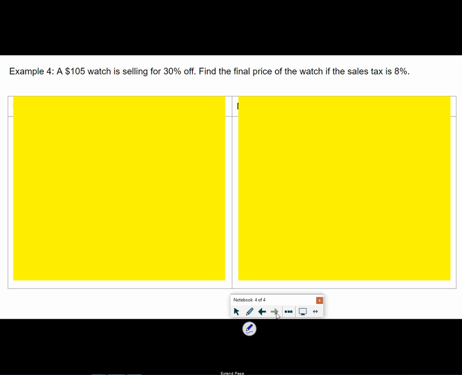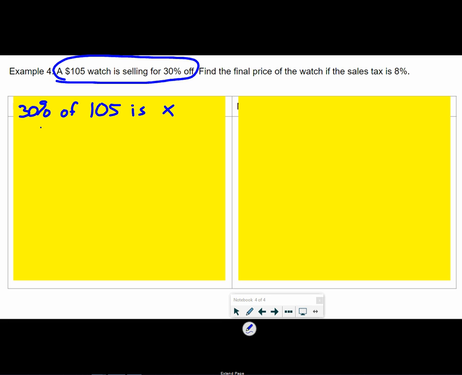I'll use method number 1 to do that. So we're going to do 30% of 105 is X. My proportion. This time it is a subtraction problem. So I'm going to get 100X equals 3,150.